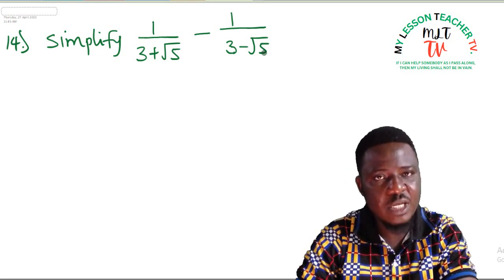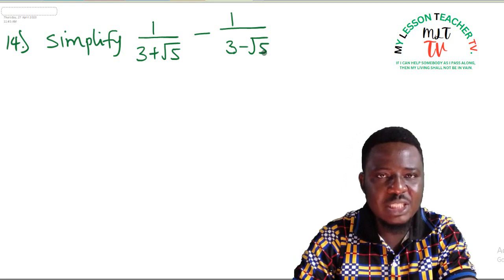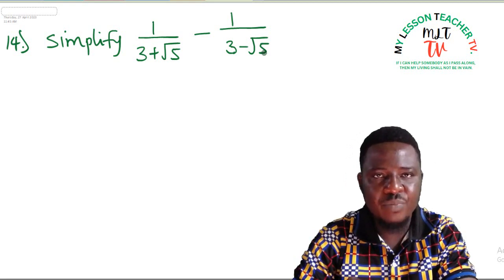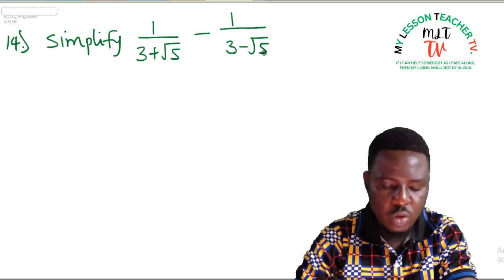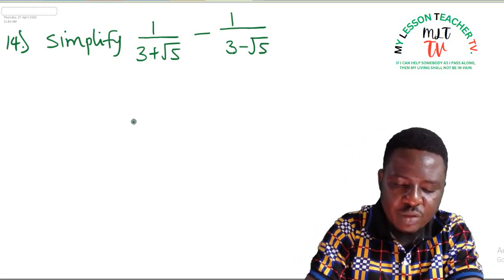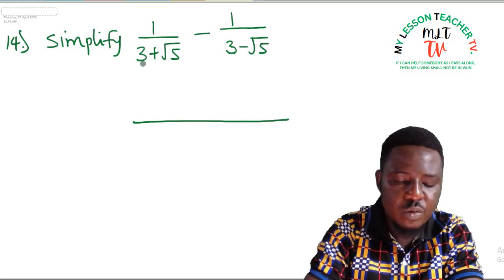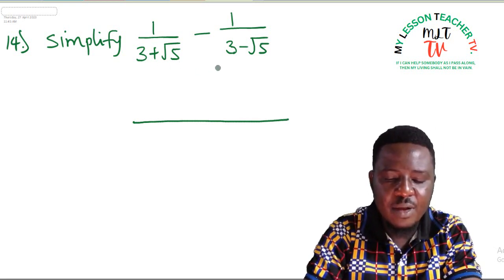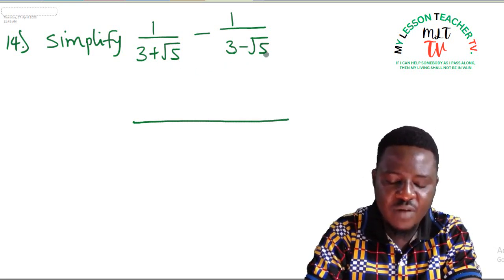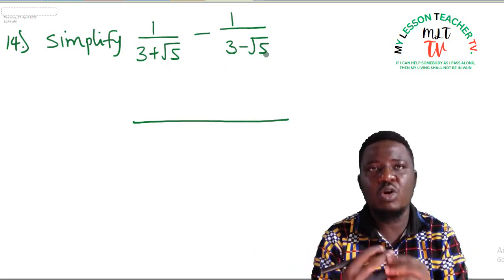So you need to simplify it first. Then if the denominator is still an irrational number, then you can rationalize the denominator. So we are going to look for the LCM. And when you are dealing with this, the LCM of 3 plus root 5 and 3 minus root 5 can be said to be the product of them.